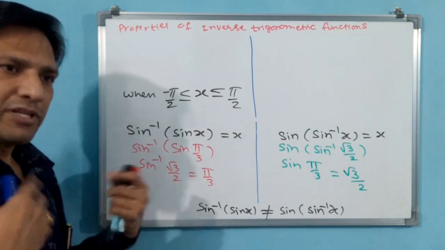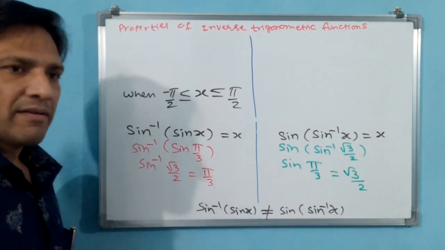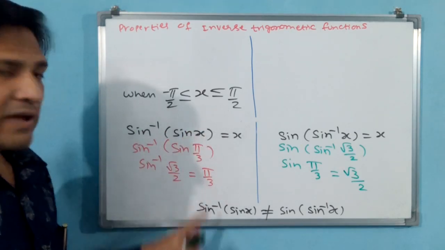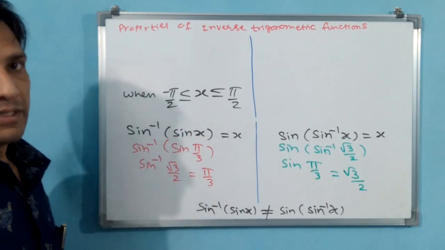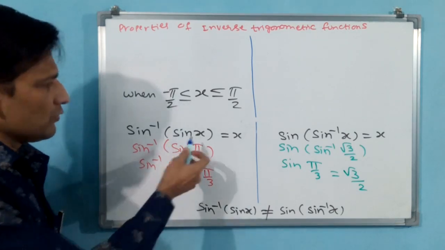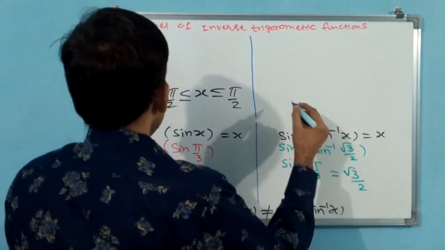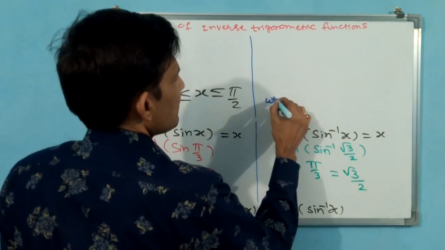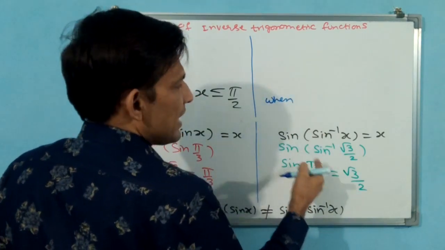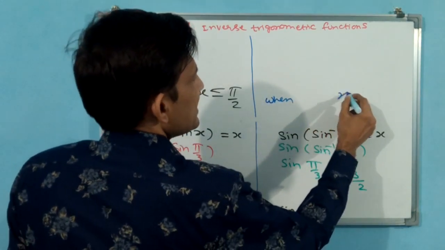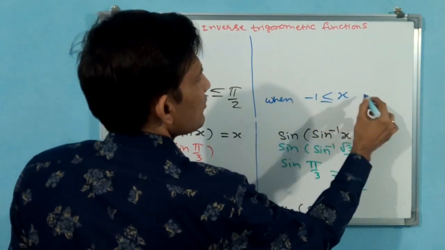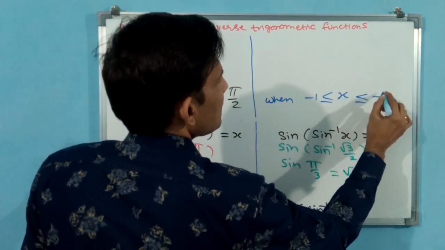General solution is there, principal solution is there, then principal values have come. That means principal values only you have to take. Here also you see, this is valid when x is greater than or equal to minus 1 and less than or equal to plus 1.